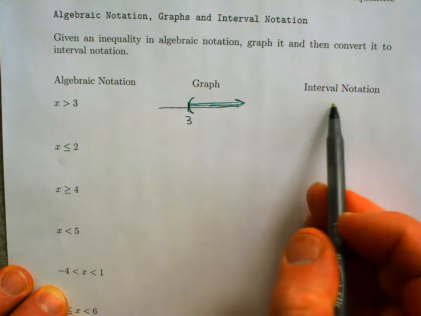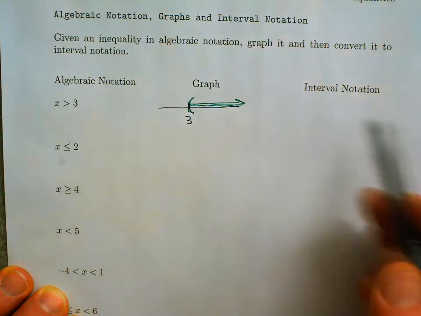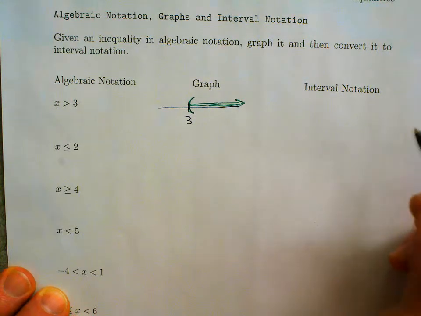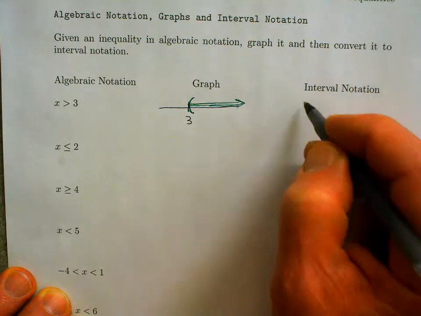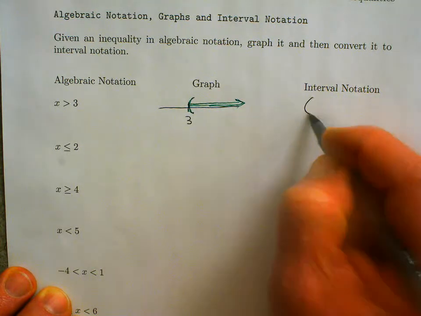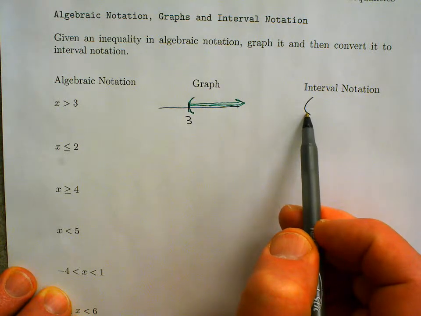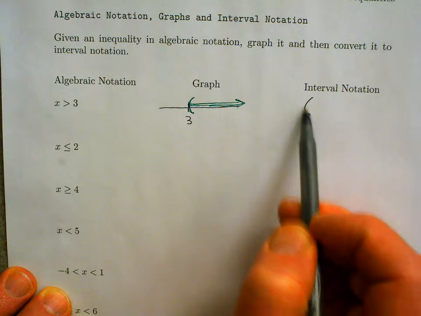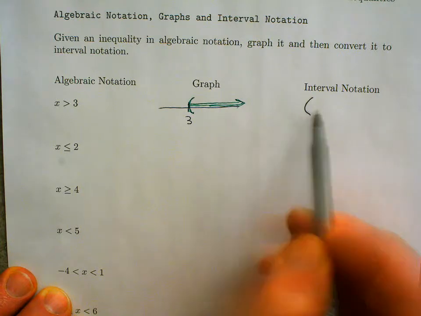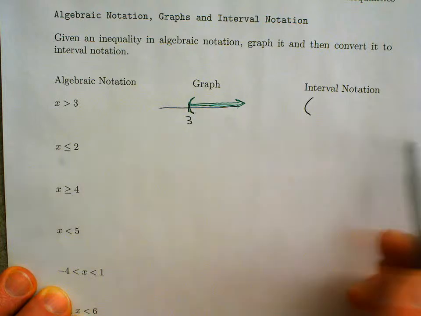The interval notation for this set of numbers, x greater than 3, well, for the interval notation, we're going to use a parenthesis that opens to the right. So in the interval notation, this parenthesis corresponds to this parenthesis on the graph.